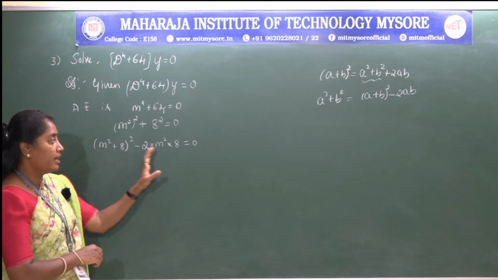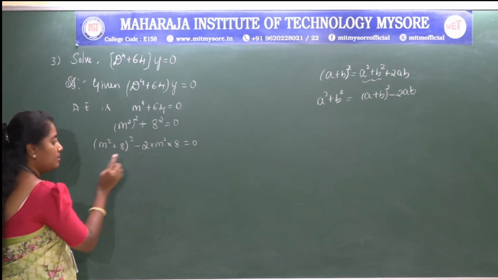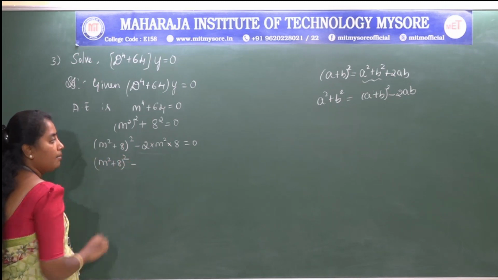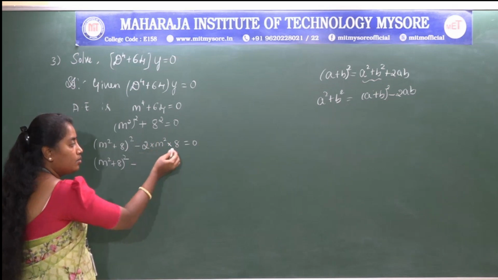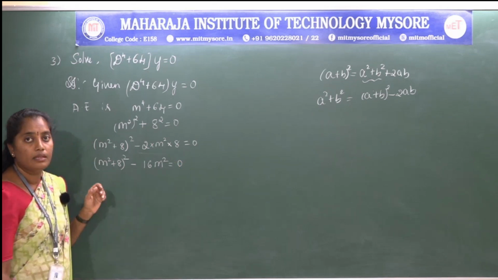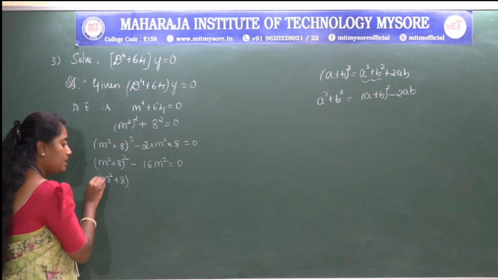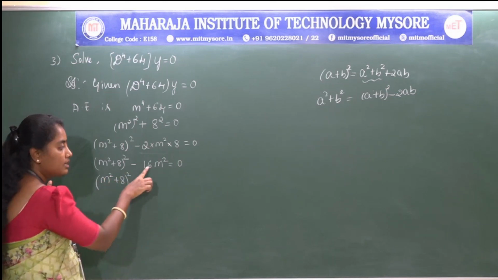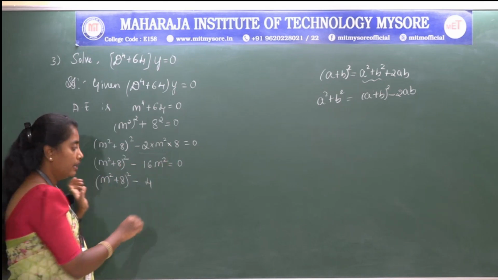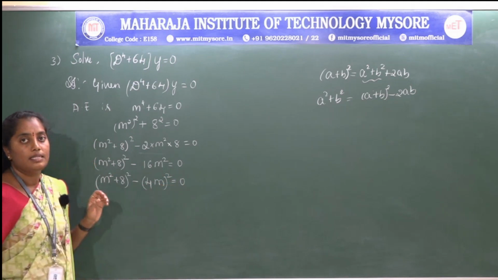Now simplifying this, we get m square plus 8 whole square, this is one term, minus, simplifying again, 2 into 8 we get 16, m square equal to 0. Again simplifying this equation, it can be written as m square plus 8 whole square minus 16 written as 4 square, 4 square into m square, that can be written as 4m whole square, is equal to 0.